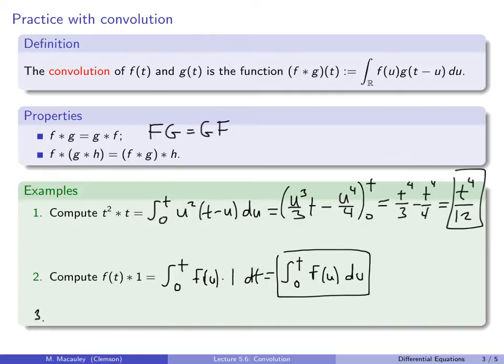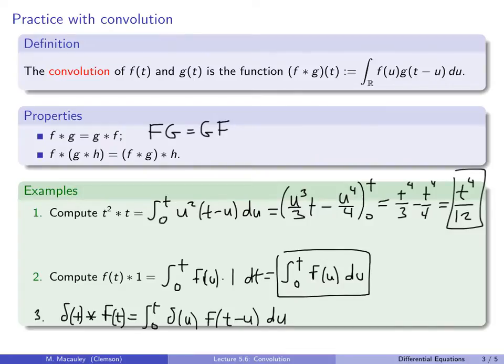Okay, so if you take the delta function and you take the convolution of that with some function f of t, then you get the integral from 0 to t of the delta function of u times f of t minus u du.